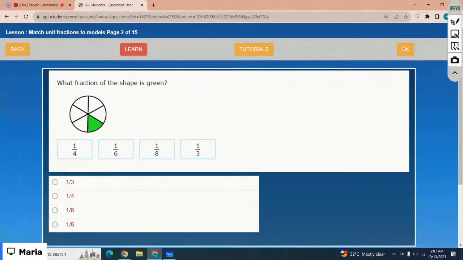Which is the correct option? 1 out of 6, right? The shape has 6 portions and only one of them is green. So you can say it is 1 out of 6. Got it?